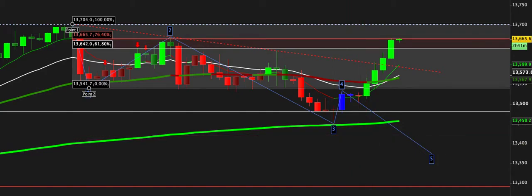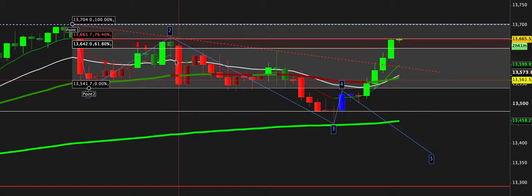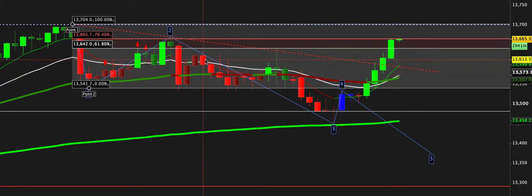Wave 3 is usually the largest and most powerful wave in a trend, because often this is when traders start to come in. They see it's failed to go to the upside and it's starting to go down, and so we have this big impulsive move again.